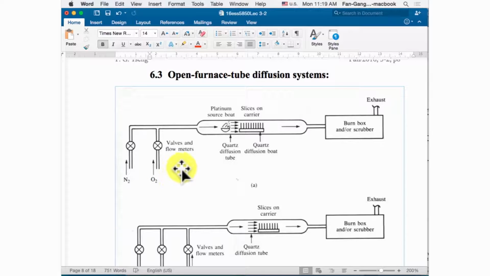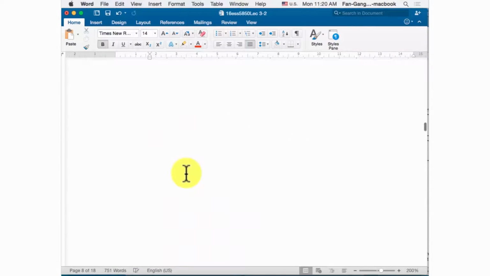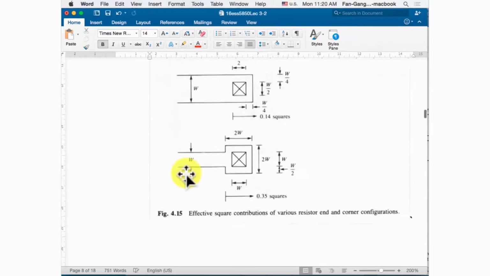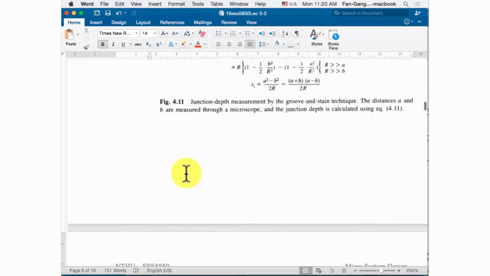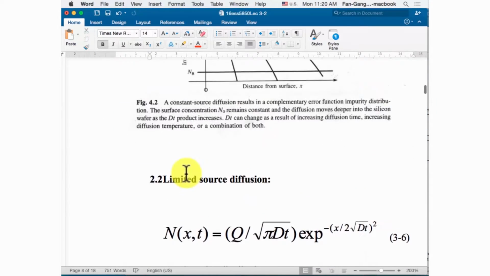That's why usually after the diffusion process, the surface will easily form silicon dioxide. That's why you need to consider this situation when you do the diffusion. If there's silicon dioxide formed on the surface, different dopants will give you different behavior.